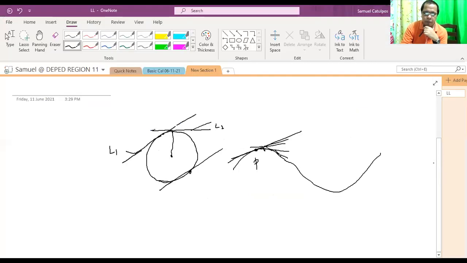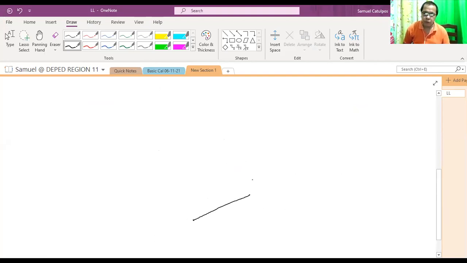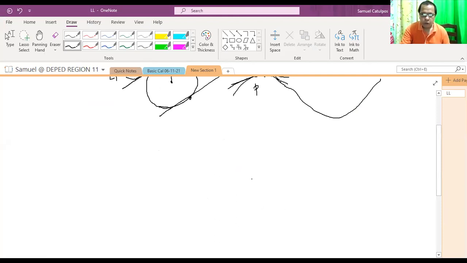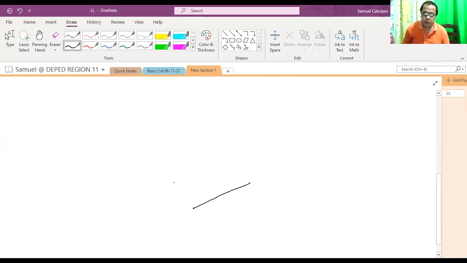Balik ka sa OneNote. Okay. So if this is your tangent line, ito niya. Kabalo ta nga to compute for slope, let's say for example, kung naay line, para ma-compute nimo ang slope ani, dapat kabalo ka nga naay duha ka point gyud at least, di ba?